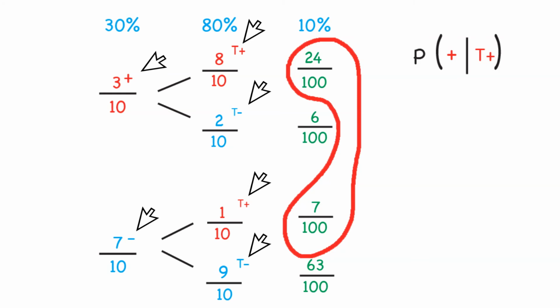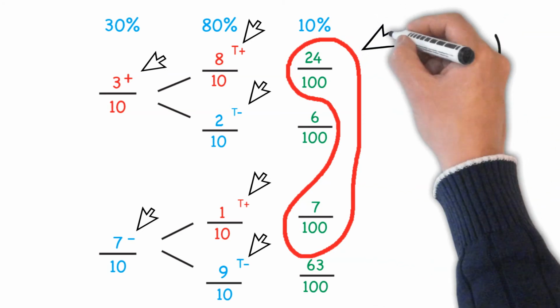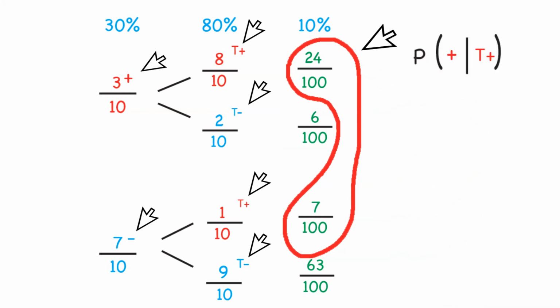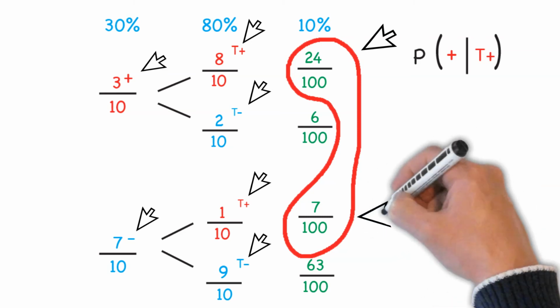So the probability of testing positive is made up of the 24 over 100 probability of testing positive when you are positive, and the 7 over 100 possibility of testing positive when you are negative.